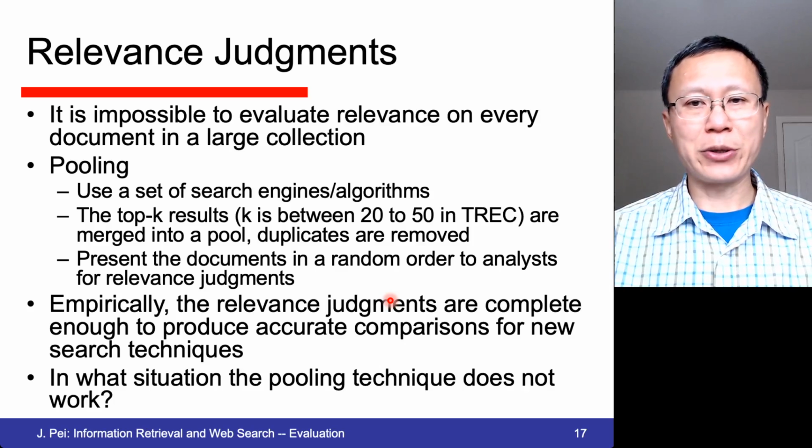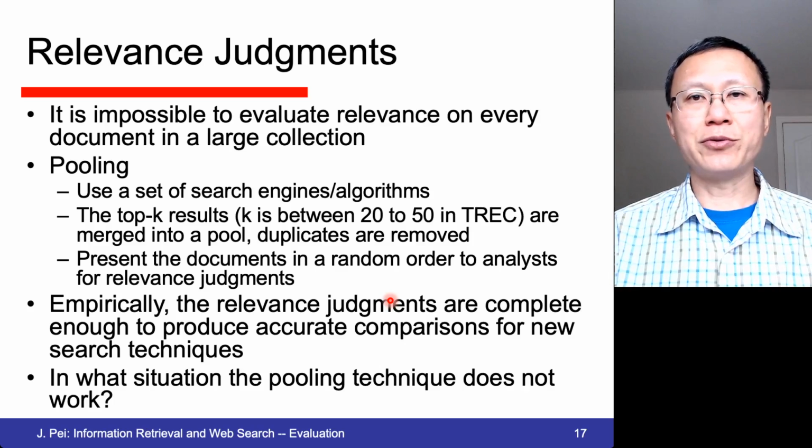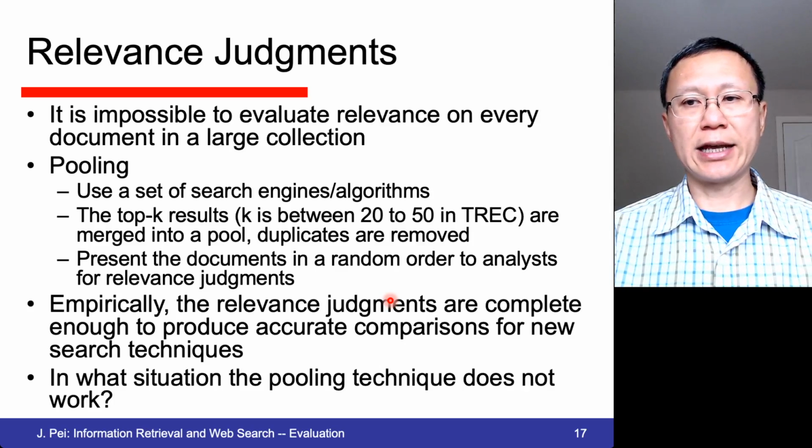Pooling is a frequently used approach. The idea of pooling is as follows. We take a set of search engines and algorithms. In order to make a pool, we feed the query to those search engines and algorithms and ask them to produce the sorted list of documents.